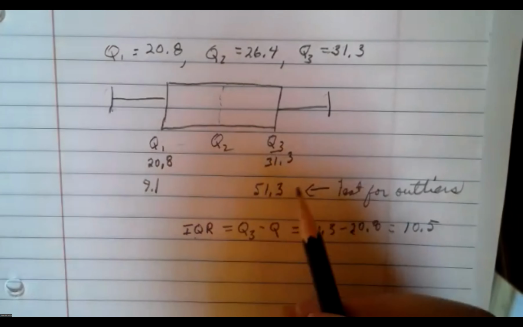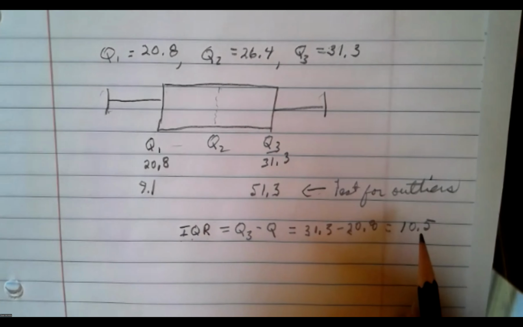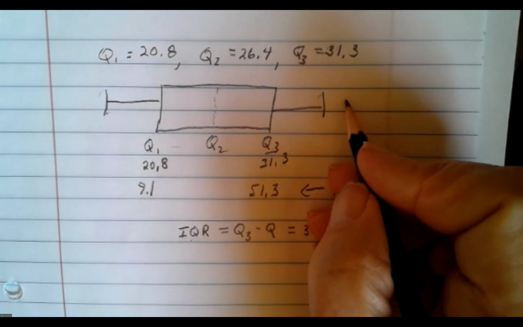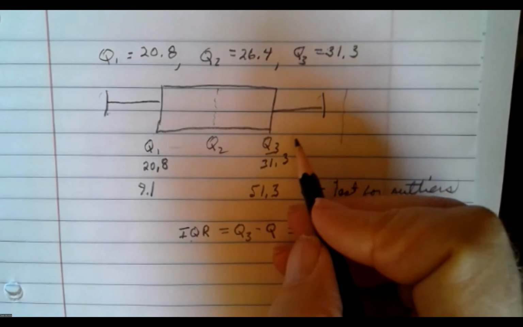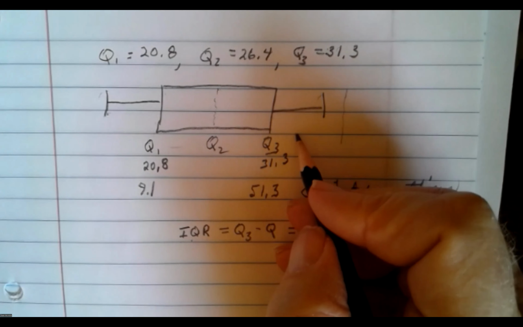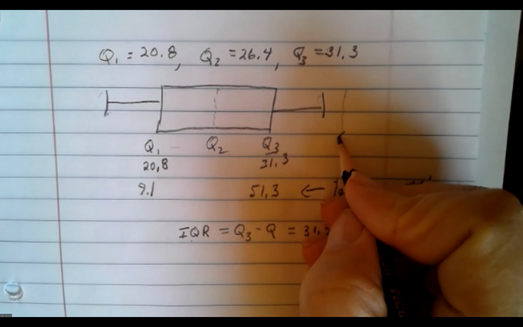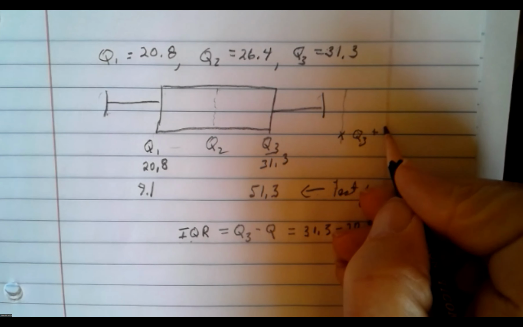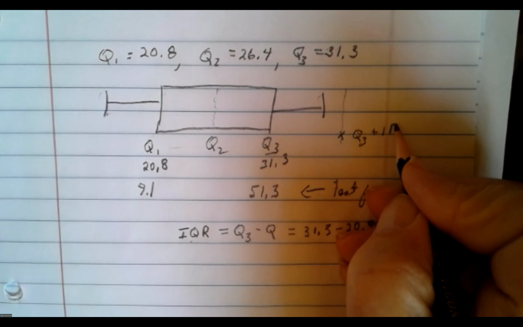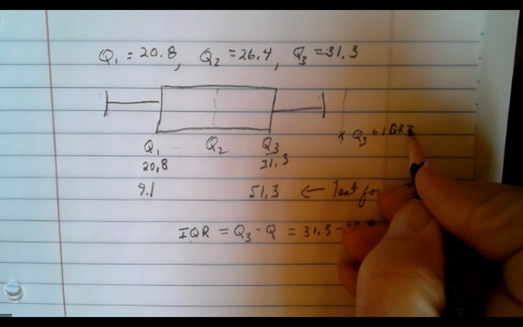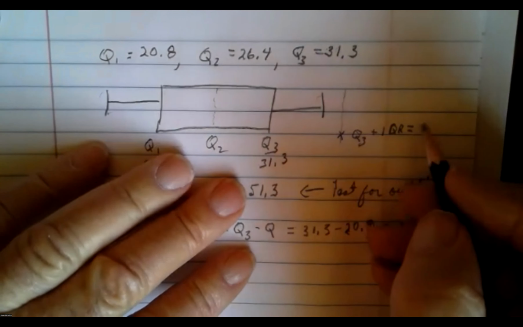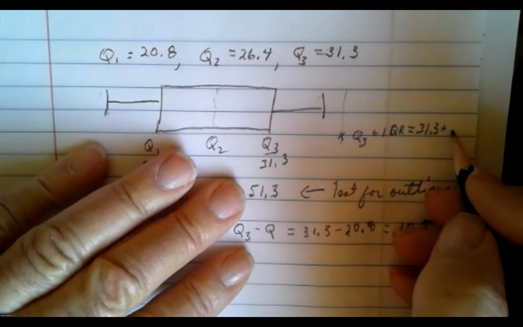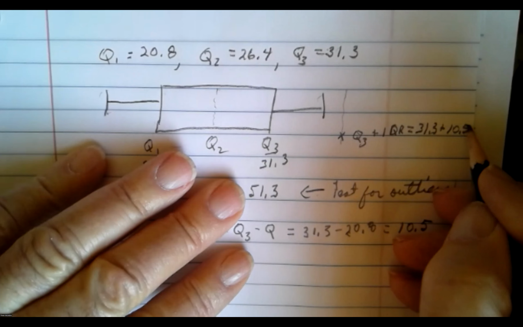Now, if I take the 31.3 and add the 10.5 to it, okay, and if I get a value out here, this is going to be a point, which is going to be Q3 plus 1 IQR, which in this case is going to equal 31.3 plus the IQR, which is 10.5.